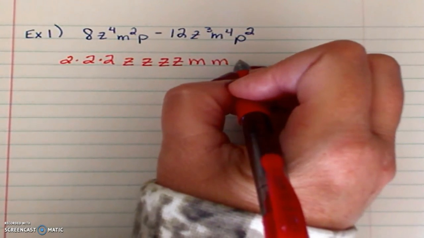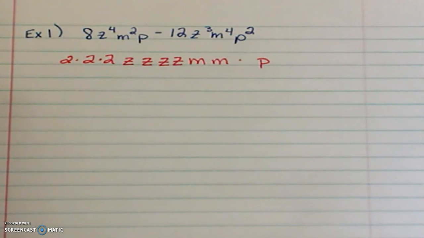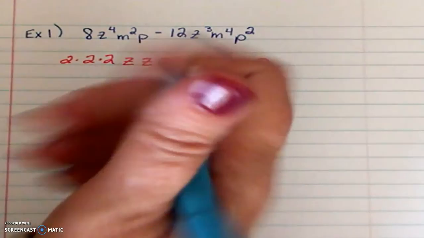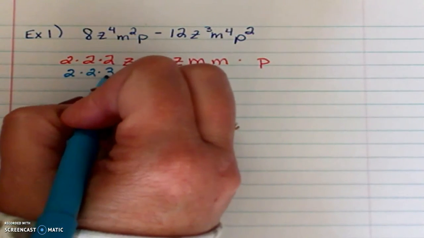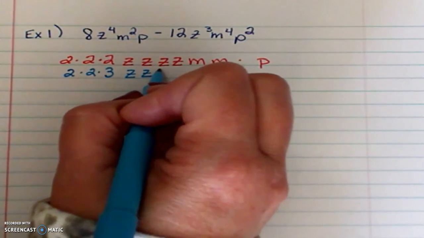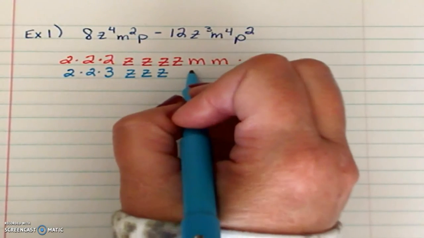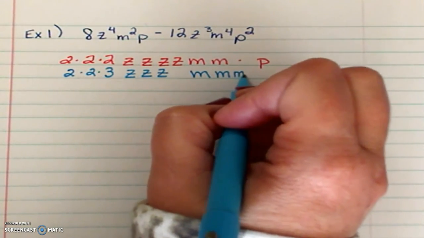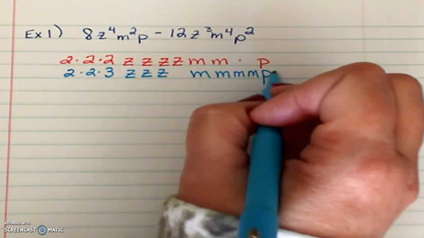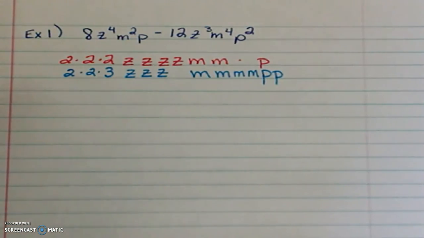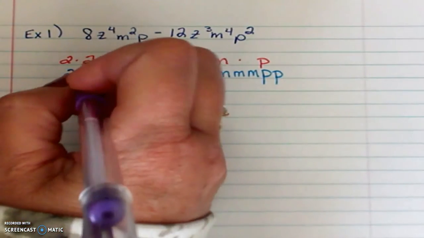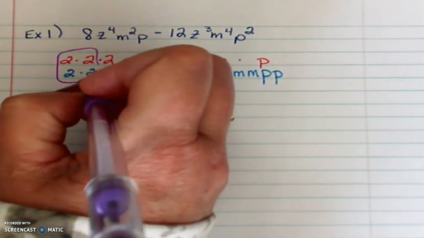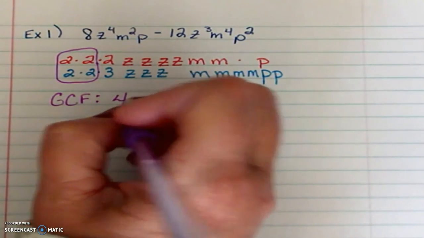We have m squared and p. Now the second term, you have 12, which is 2 times 2 times 3. You have z cubed. I'm trying to line these up the best I can. You have m to the 4th, and you have p squared, which is 2 p's. To find the greatest common factor, I have 2 pairs of 2's, so 2 times 2 is 4.